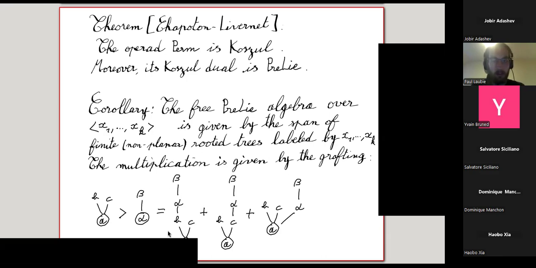So the first one is I graft alpha beta over B, then I graft it over C, and here I graft it over A. And since the rooted trees I'm working with are non-planar, I don't have to choose where I am grafting alpha when I graft it over A. Here I graft it after C, but it would be the same if I were grafting it before B or between B and C, because we don't put any order on the children of A.